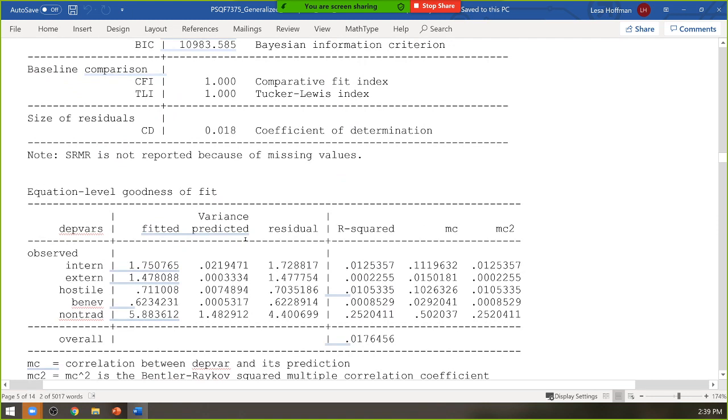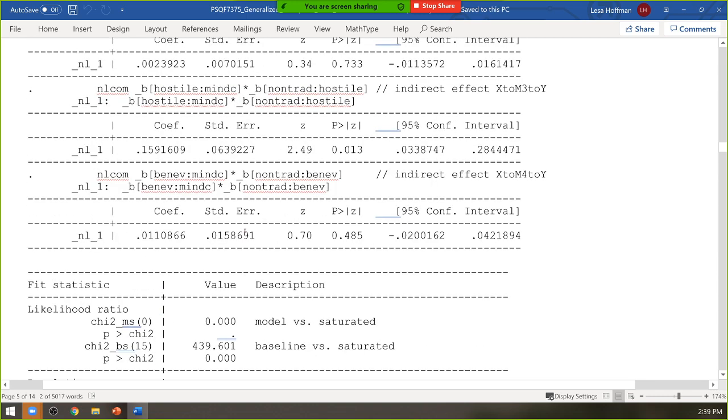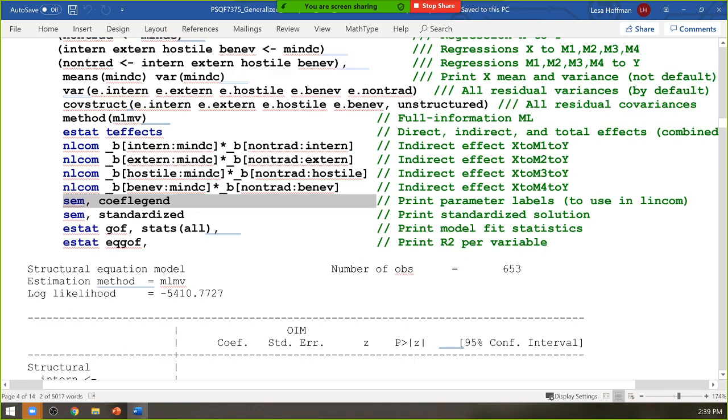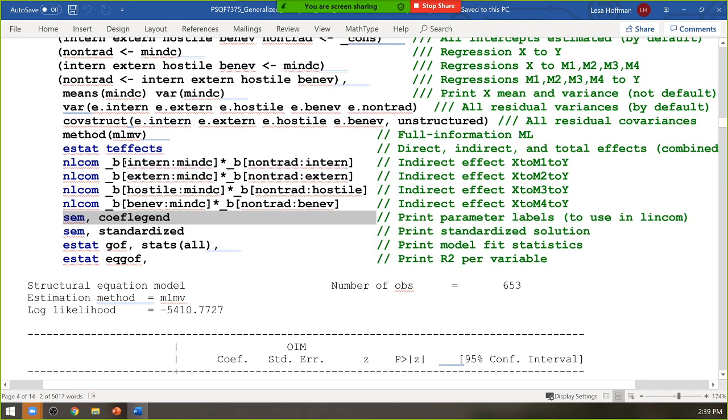It is inside the example original syntax files and full output. That's where I got those labels from. So if you run that before you generate the indirect effects, then that should tell you what your version of Stata thinks they are called. And if you can't figure it out, email it to me and I'll try to help you troubleshoot.